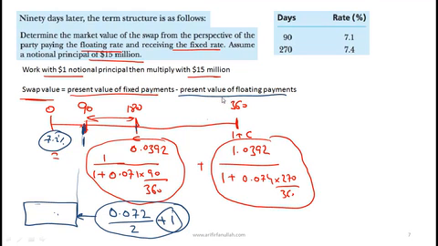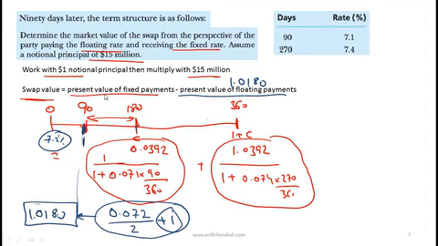So when you do the math, what will you end up with? Okay, I'm just going to write the numbers here. The present value of the floating payments, the answer you should get for this blue number is 1.0180.